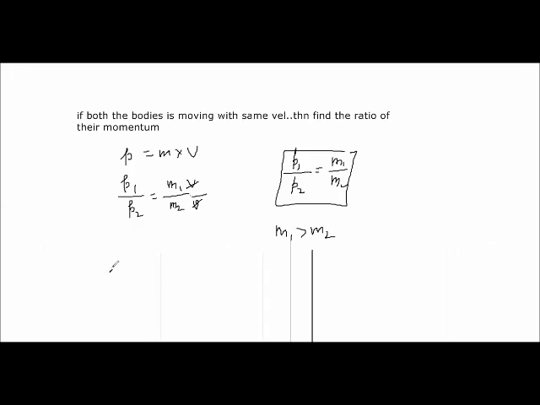So a heavier mass body has a larger linear momentum.